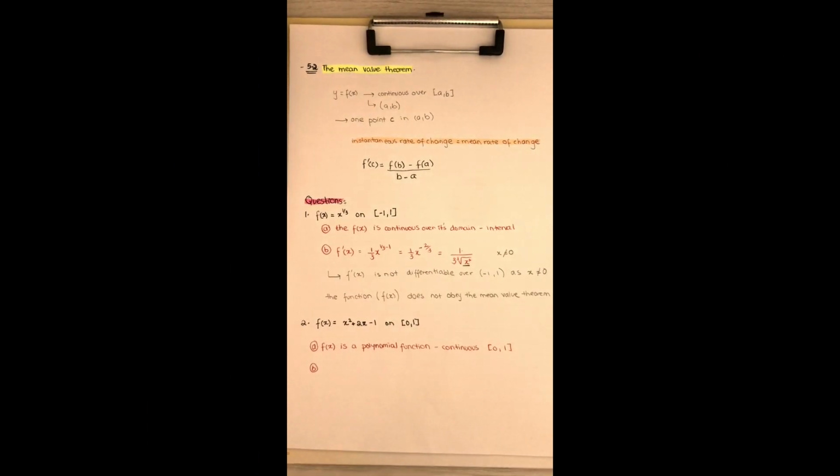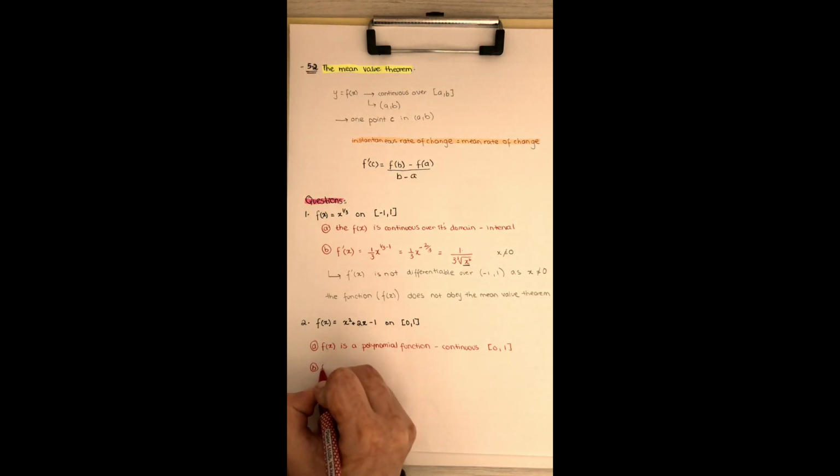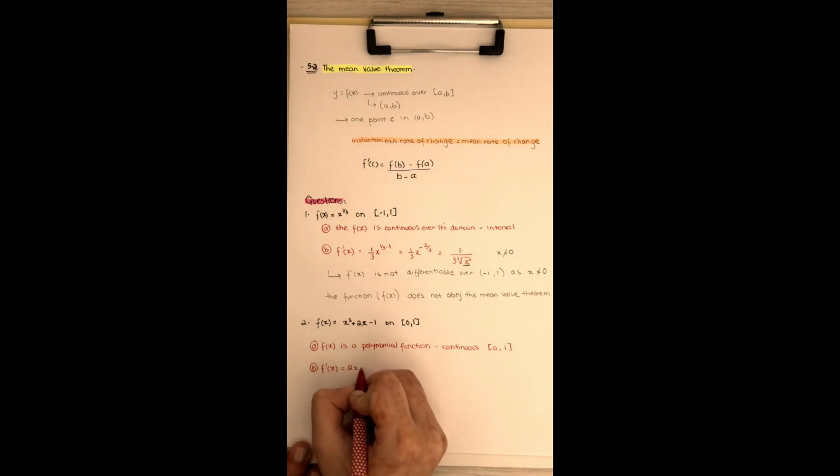Let's see now the second condition. We need to look at whether the function is differentiable over this interval. So for the second condition, we need to check the derivative of f of x and see if f of x is differentiable over the interval from 0 to 1, excluded, without any asymptotes in between. Let us differentiate f of x, which gives 2x plus 2.